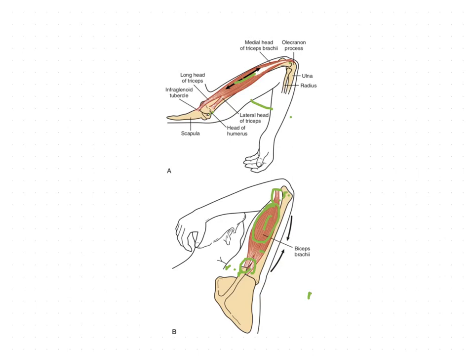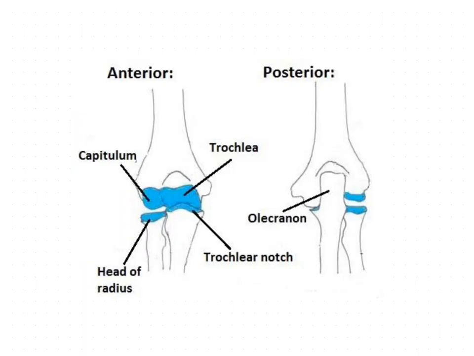Okay, so these are the factors affecting both mobility and stability, and some other factors limit the range of motion but help to provide stability for the elbow, such as the configuration of the joint surfaces.